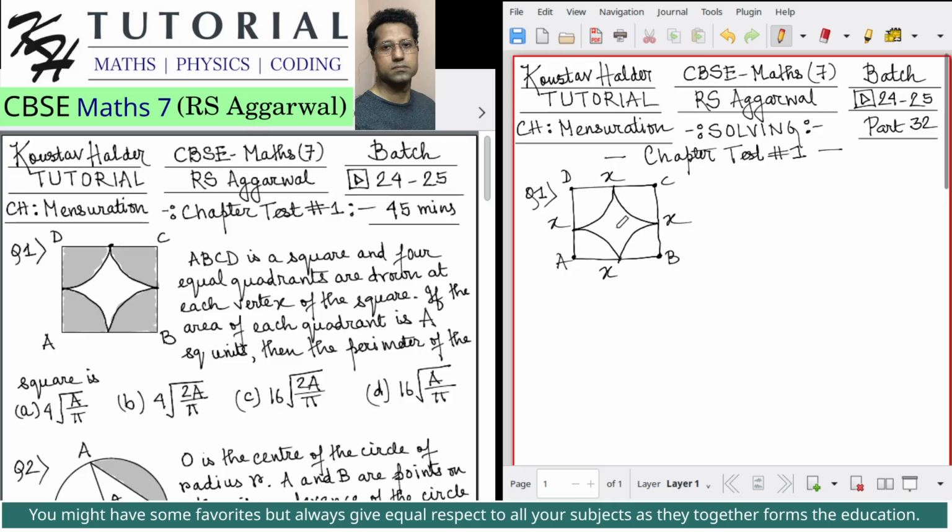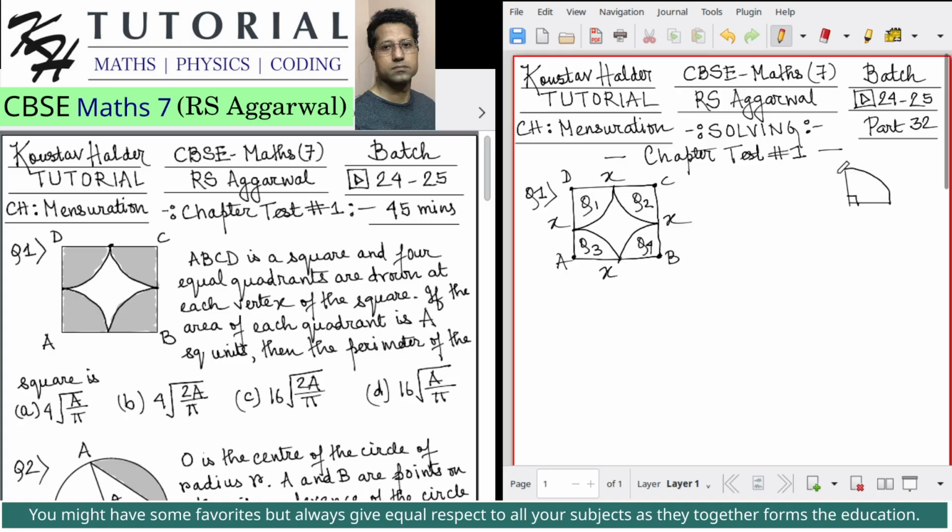Now if the 4 quadrants are equal, let's say I am giving some names to the quadrants. Let's say this is quadrant 1, this is quadrant 2, this is quadrant 3, this is quadrant 4. All these 4 quadrants are equal, meaning their radius is the same. Remember that a quadrant is a quarter of a circle, that is, the central angle of a quadrant is 90 degrees.